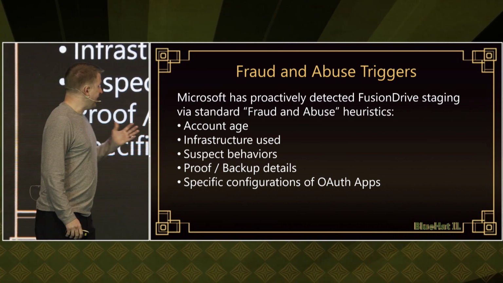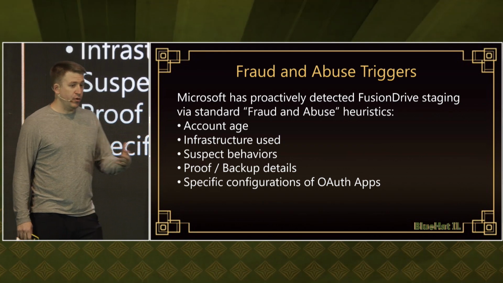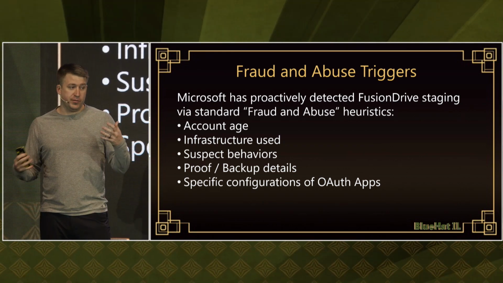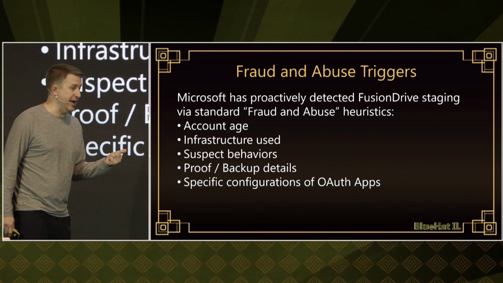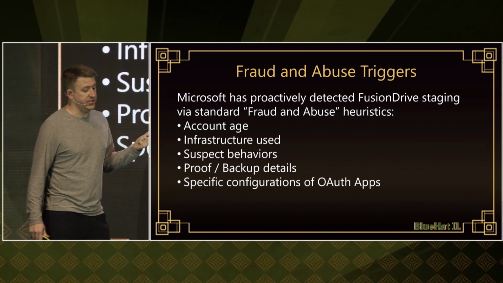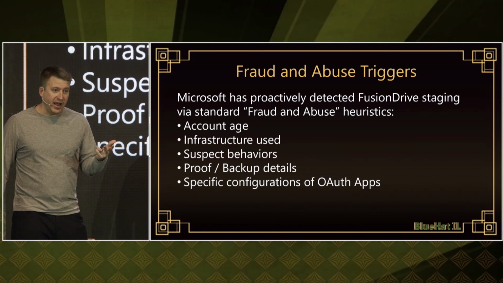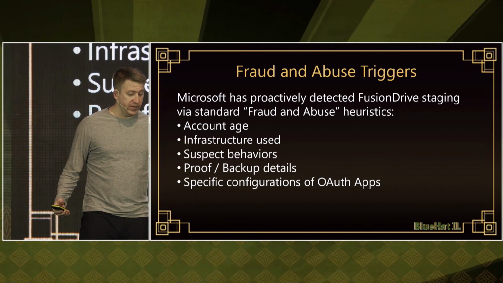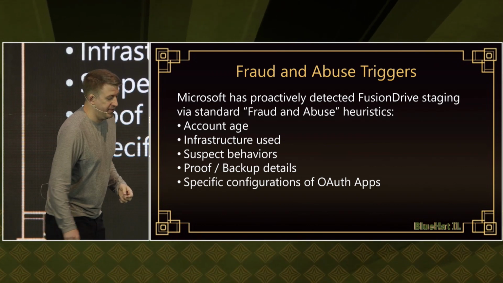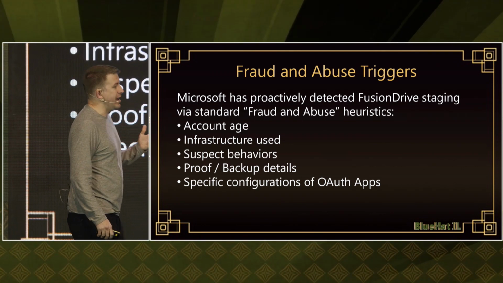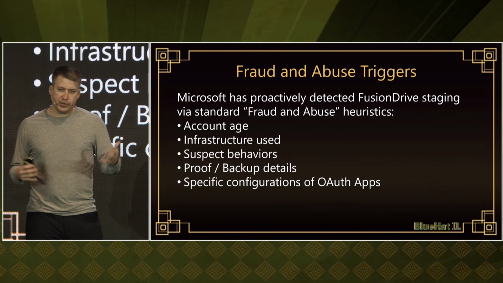In this case, the fraud and abuse triggers that most often fired on Strontium attributed accounts when we went back were things like newly registered accounts that immediately stood up OAuth applications, only being interacted with from commercial VPN infrastructure with Python user agents, and things like specific proof and backup details that never really lined up or enriched.